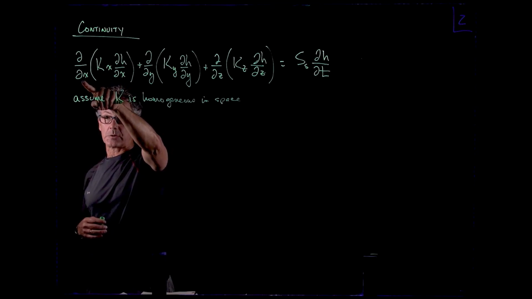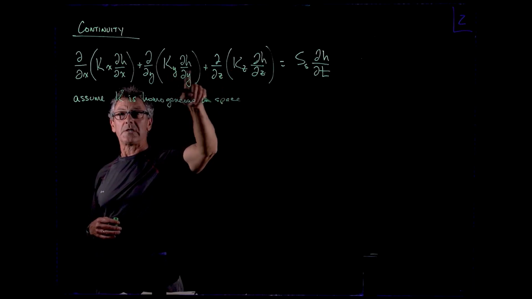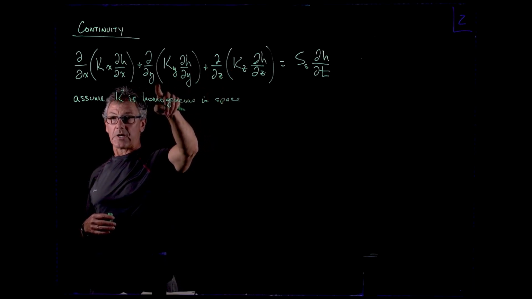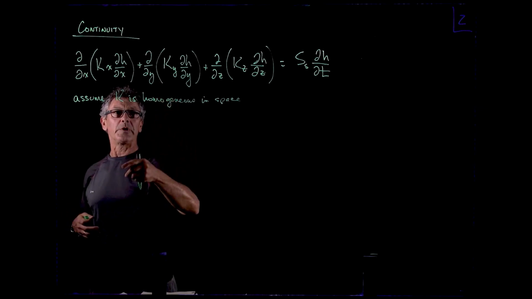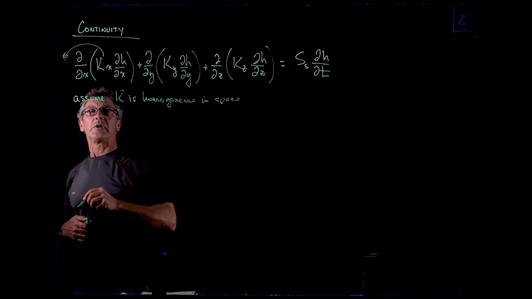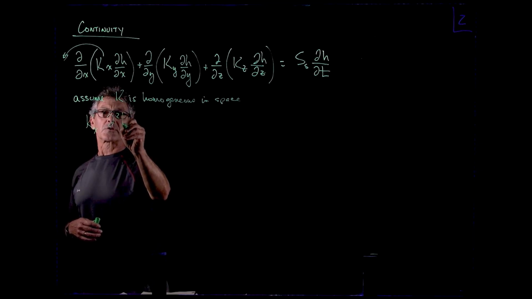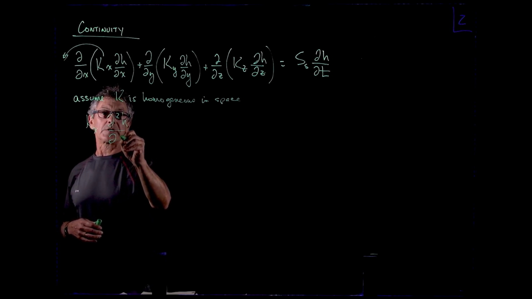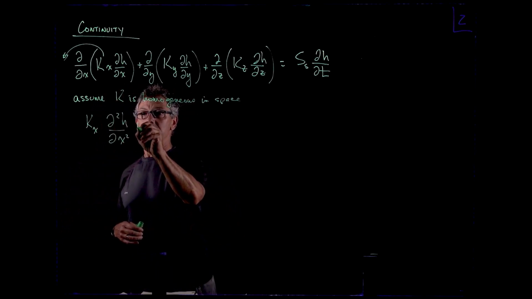If it's changing in space, we have to keep it inside these derivatives. So Ky and Kz also have to be inside these derivatives if they're changing in space. If not, well, we could pull that out. And so we could basically take this out in the case of the homogeneous hydraulic conductivity, and that allows us to write the equation in terms of second order partial derivatives.